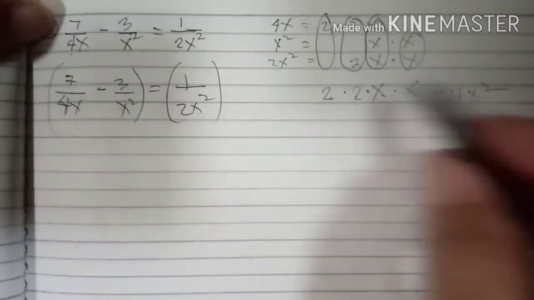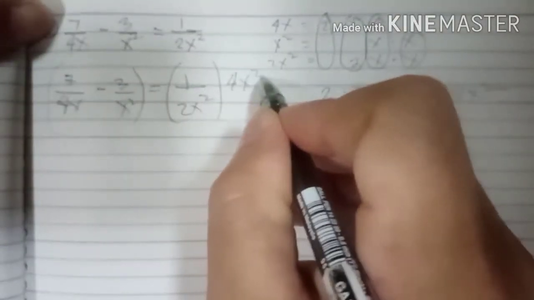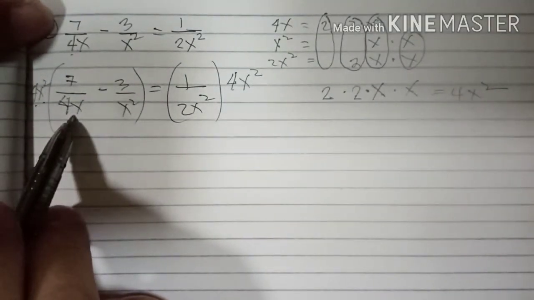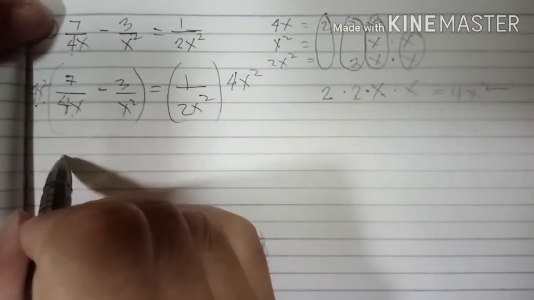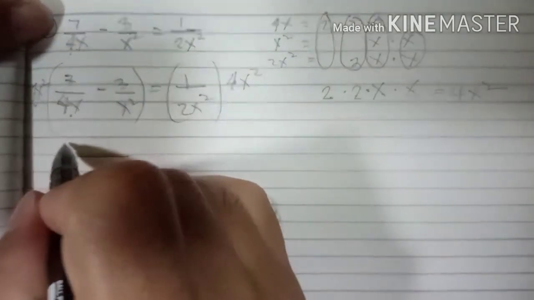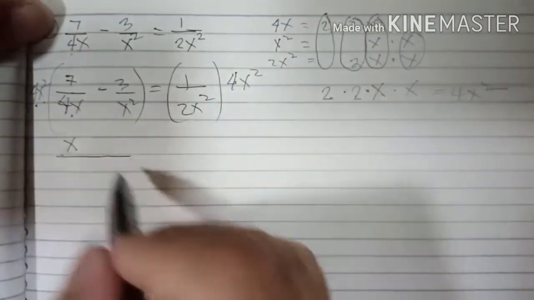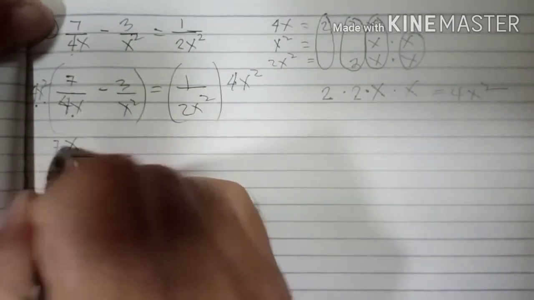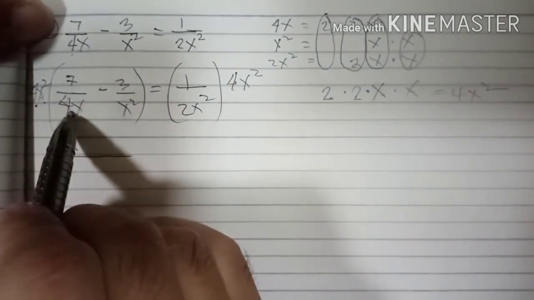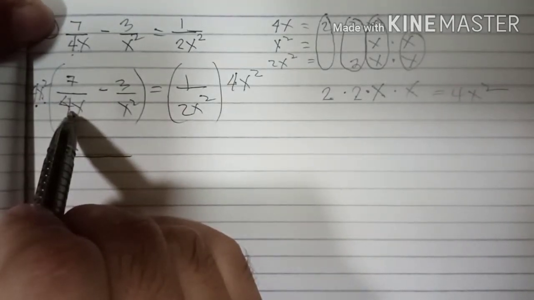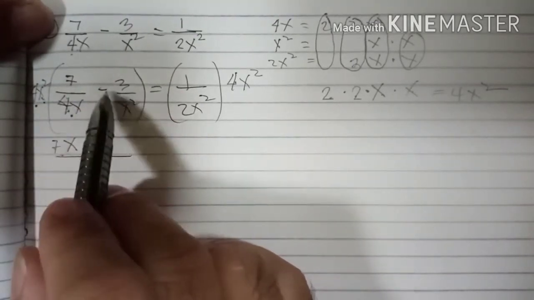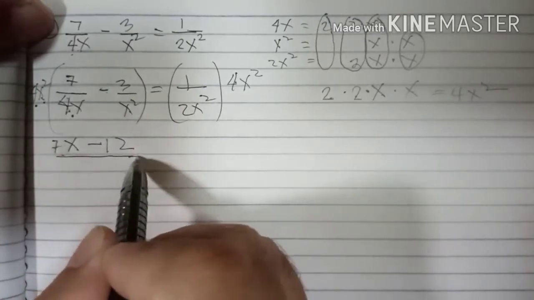Multiply each side of the equation by the least common denominator, which is 4x². So 4x² divided by 4x is x, times 7, that's 7x. 4x² divided by x² is 4, times negative 3, that's negative 12.